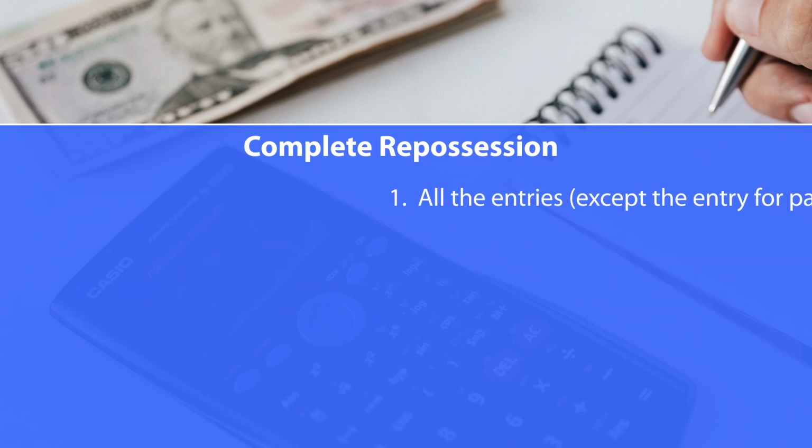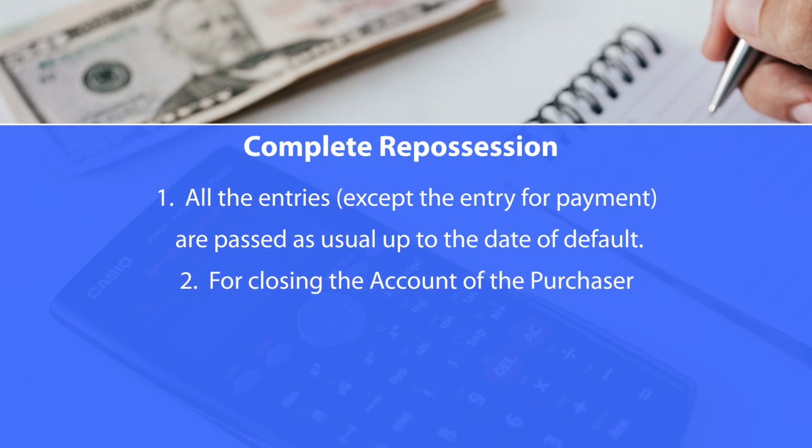The first one is, all the entries except the entry for payment are passed as usual up to the date of default. So, up to the date of default, whatever general entries were supposed to be passed in the books of the hire vendor, all entries would be recorded in the same way, except the entry for payment.